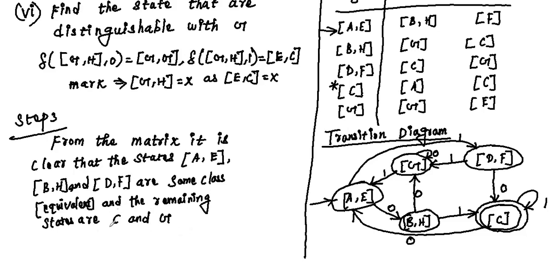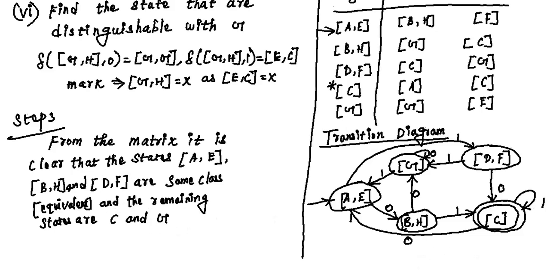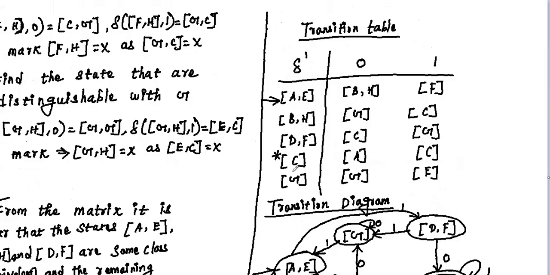Using the equivalent classes and the remaining states, we need to make a transition table. In this transition table, equivalent classes are AE, BH, DF, and this is the minimized DFA. So we need to put del dash here. Remaining states CG. Input going to be 0, 1 as per the original transition diagram.